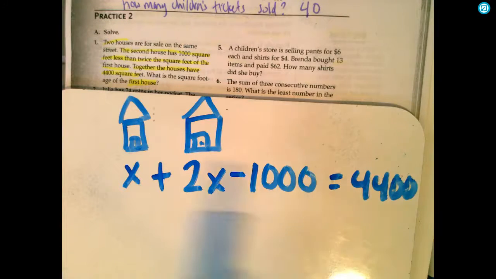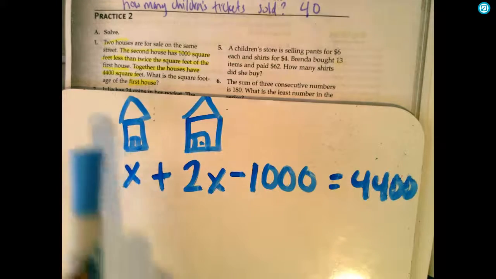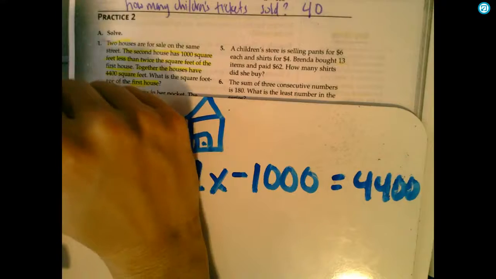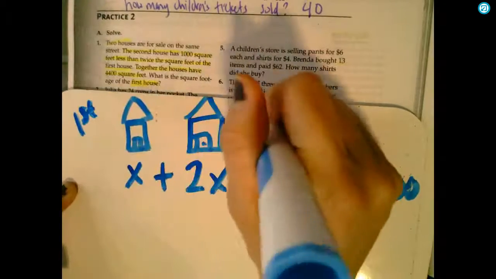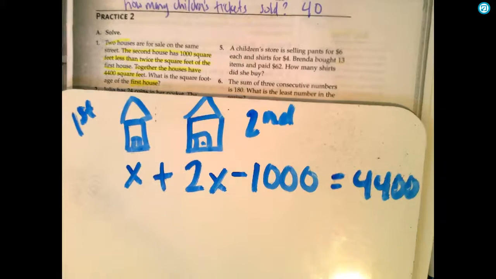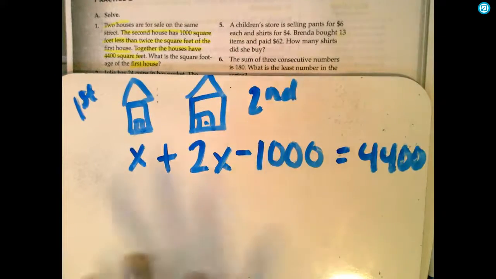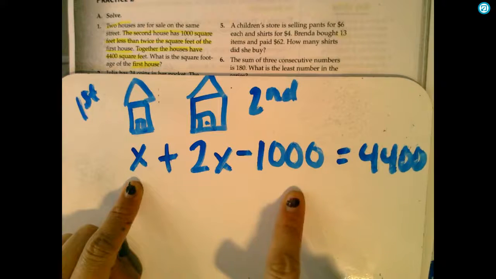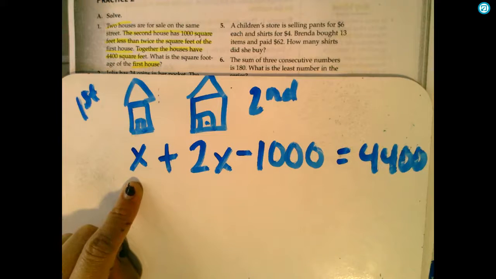And when we solve and figure out what x equals, we'll know how big the first house is. This is the first house, this is the second. But you see how it gets a little bit confusing. But let's solve, because now we've got the equation. So I've got x plus 2x minus 1,000 equals 4,400.